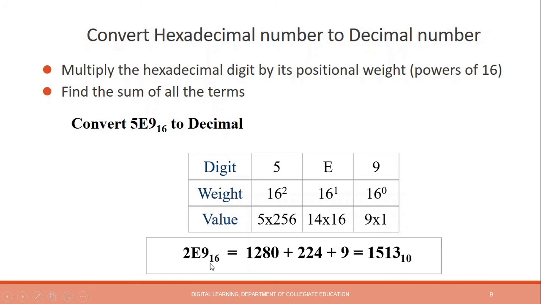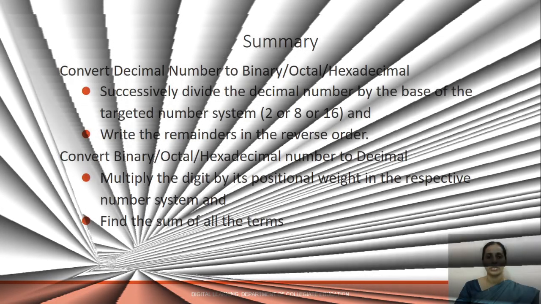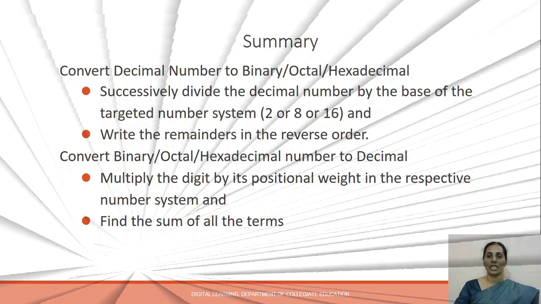The equivalent of 5E9 in decimal is 5 into 256, which is 1280, plus 14 into 16, which is 224, plus 9 into 1, which is 9, equal to 1513.